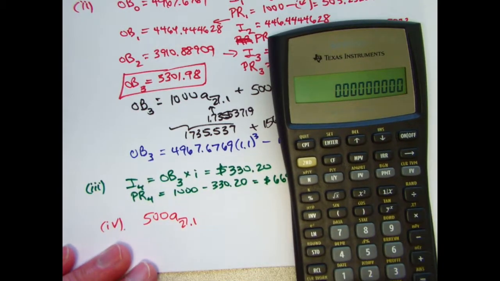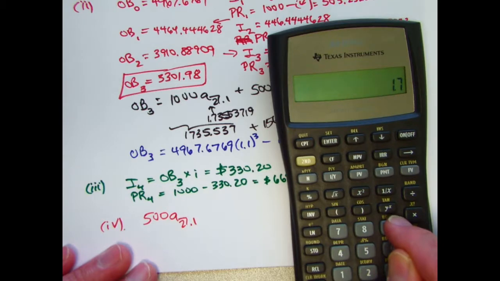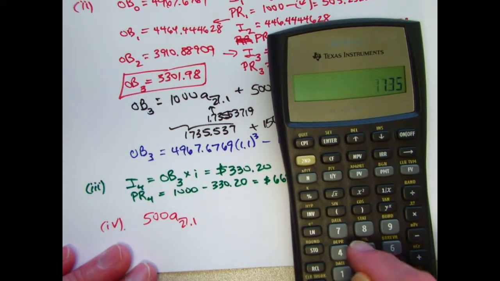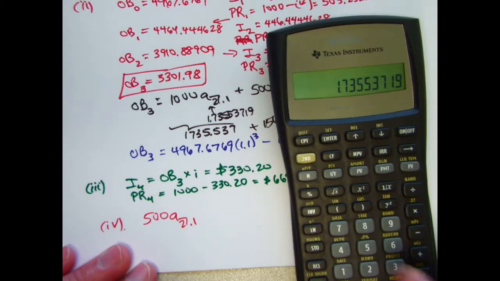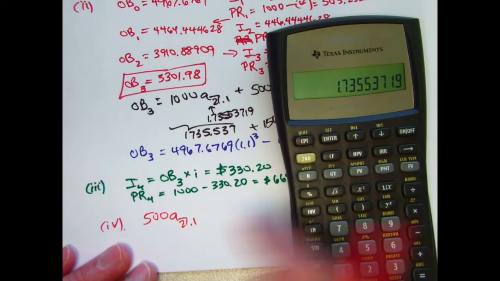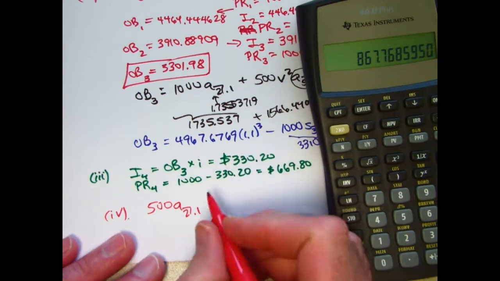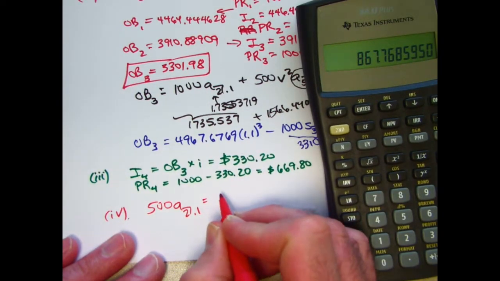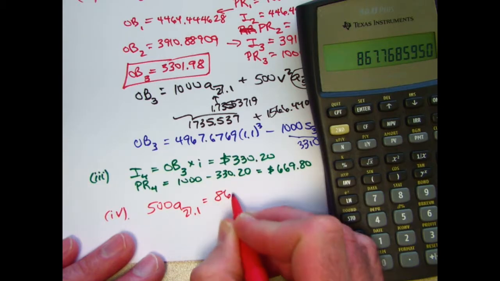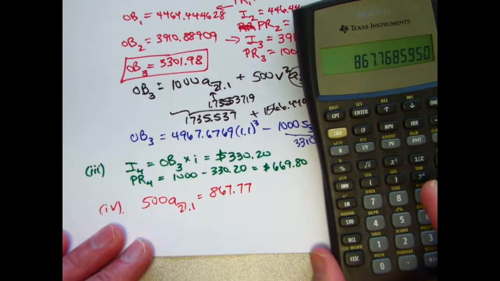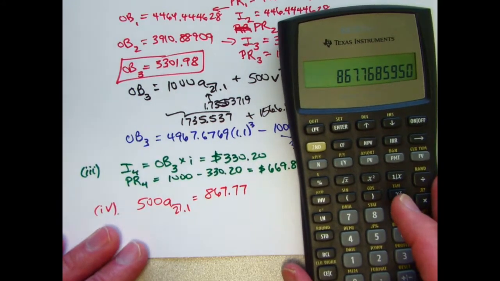So we can use that, 1.73553719, looking right there, times 500. The outstanding balance just after the eighth payment is 867.77, if you round it.